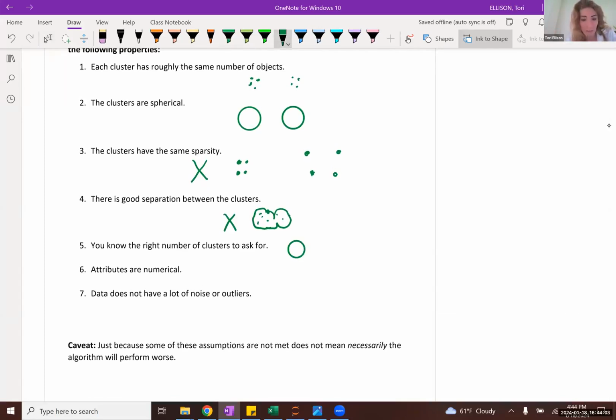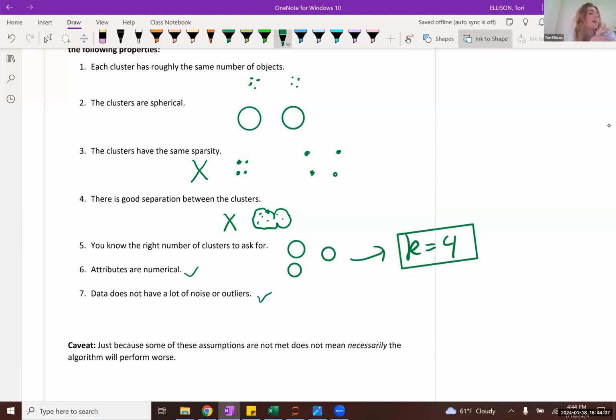So if there inherently exist 3 clusters in the data set, but you ask k-means for 4 clusters, then you're not going to get a very insightful result. Number 6, each of your attributes should be numerical. When you're dealing with categorical variables, k-means does not tend to work as well. So we'll introduce another algorithm that works for categorical variables. And finally, your data set ideally should not have a lot of noise and outliers.